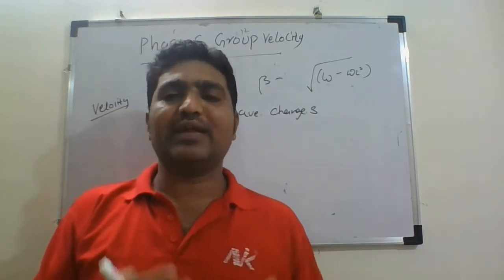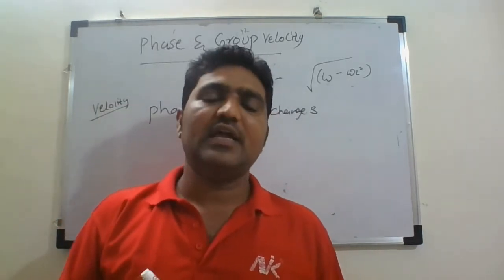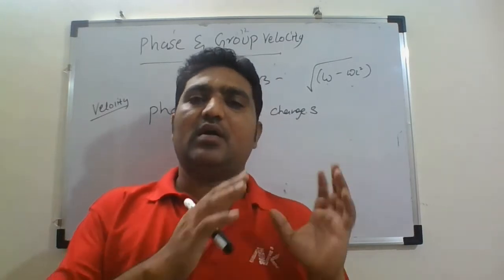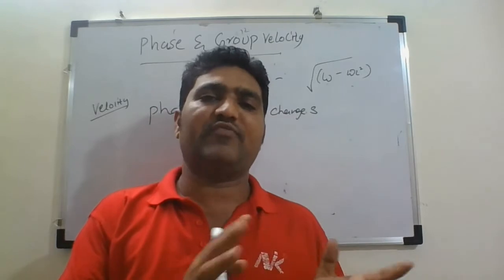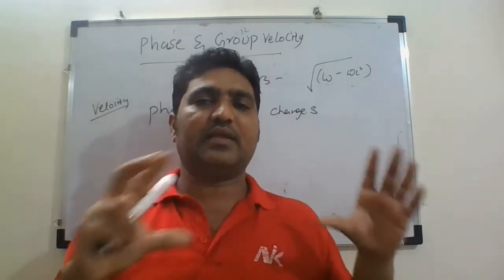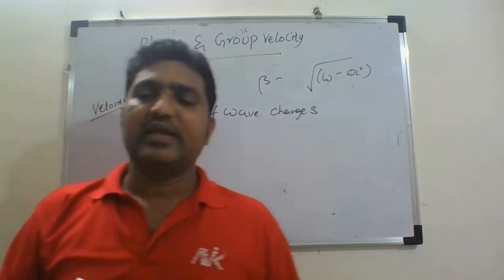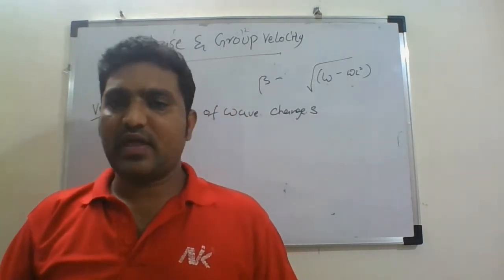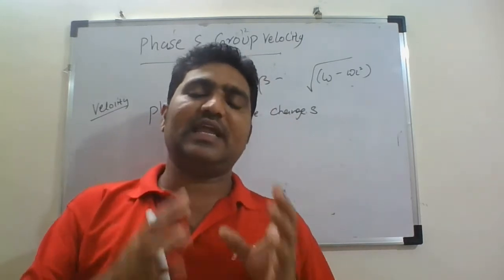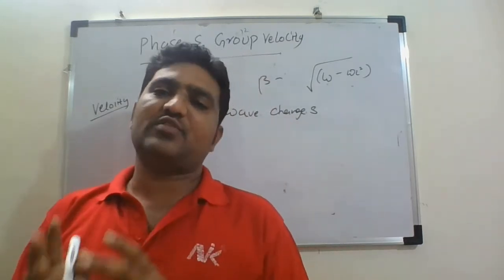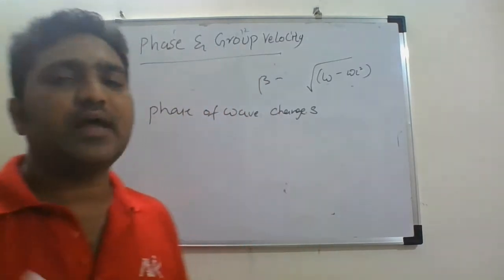You can also define it in another way. It is the velocity at which the wavefront of all the equiphase signals, the resultant wavefront, is changing in time, or along the z-axis.